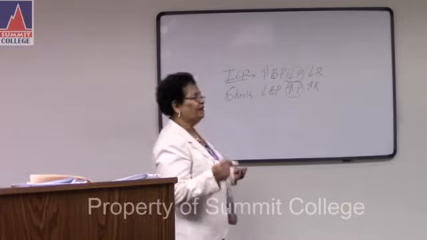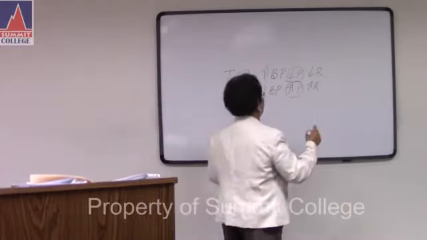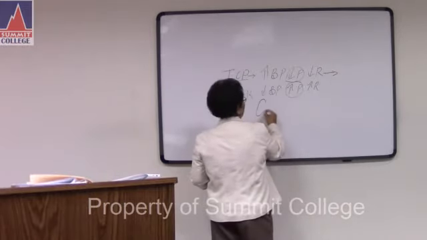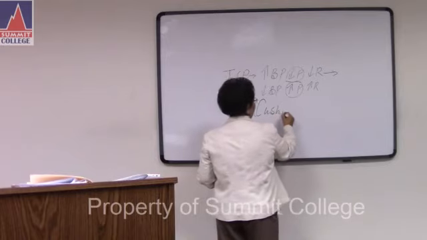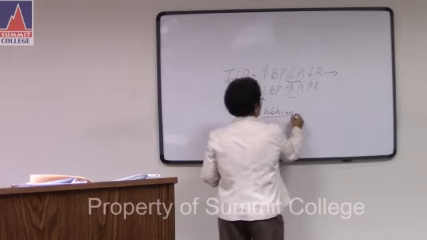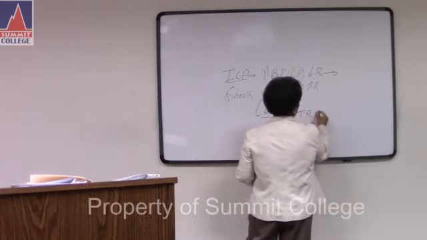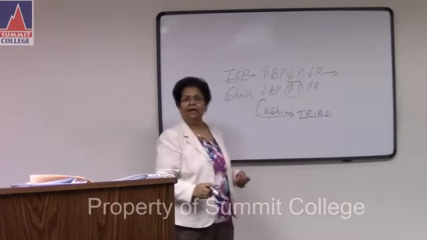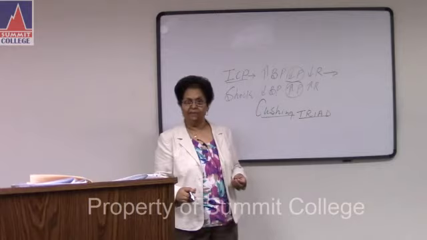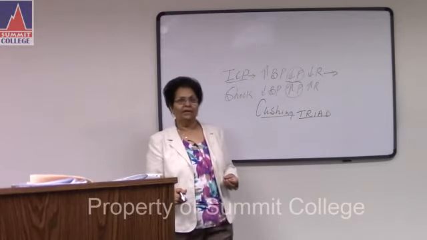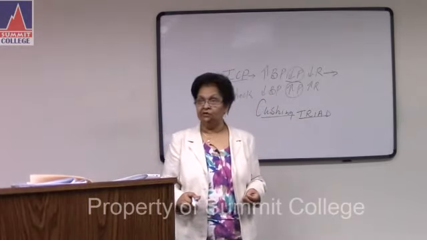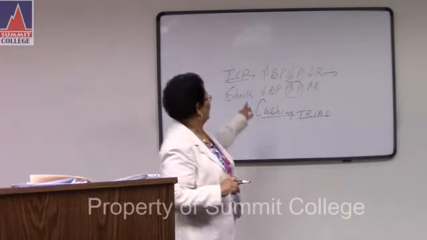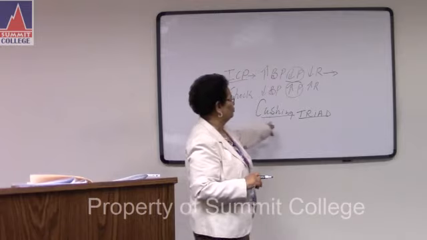I want you every time to add a few words here. In ICP, I want you to add the words Cushing triad. Cushing triad is not Cushing disease, but changing vital signs in a patient with ICP. It's a sign of ICP when they're asking, what is a Cushing triad? Cushing triad is changes in vital signs. So add on the ICP side Cushing triad.